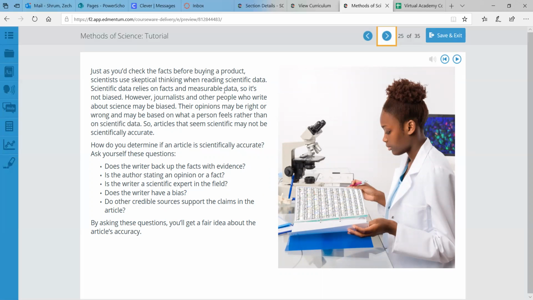When you're reading data, facts, measurable data, it's important to remember that you have to reduce the bias in any way. Journalists and people writing about science and data may use opinions and try to have a one-sided view of things and not remain objective.